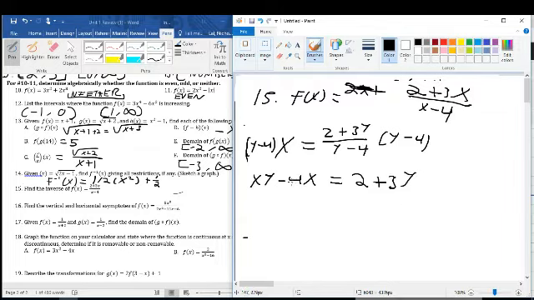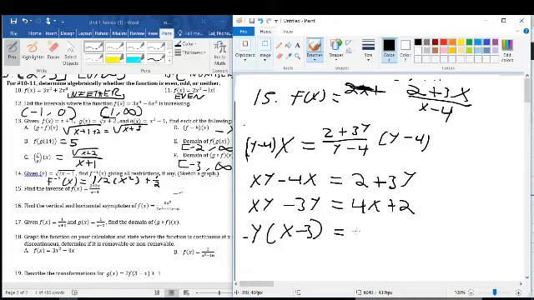Okay? So then get all the y's on each side. Xy minus 3y equals 4x plus 2. Y times x minus 3 is equal to 4x plus 2. And just divide each side by x minus 3.